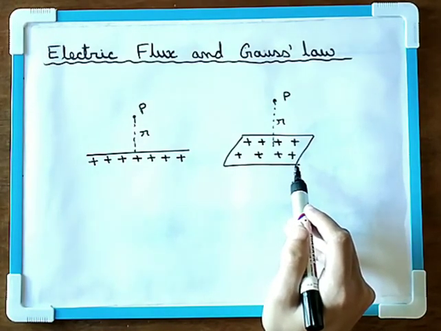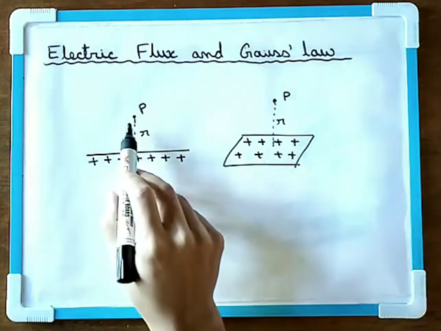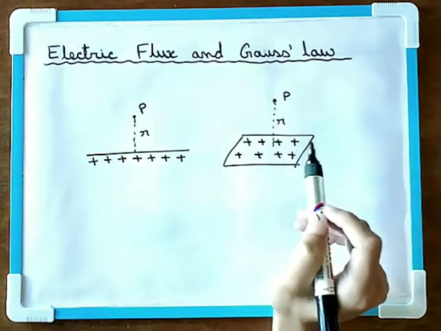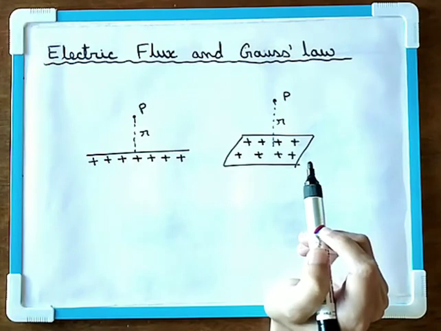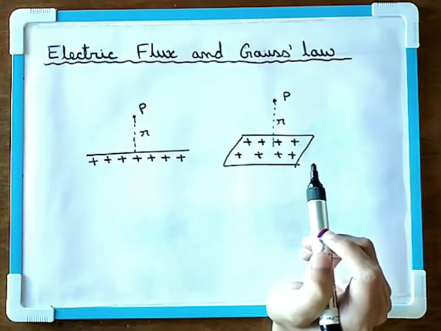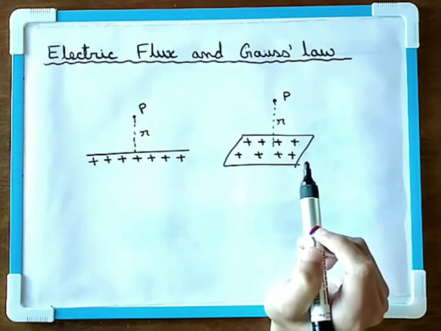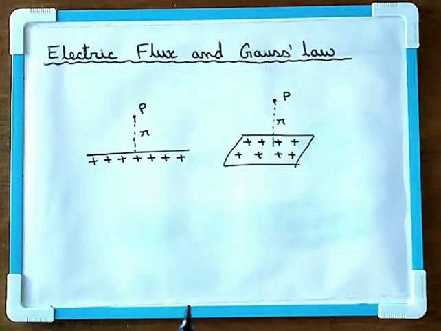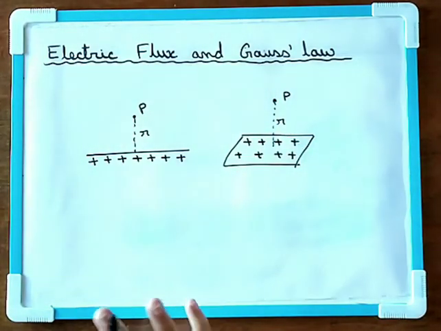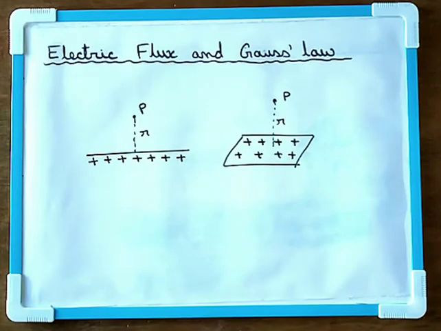So if you are required to find the electric field intensity at this point and at this point, then we'll have to use the superposition principle, which in this case will be complex, and it will be a very difficult method.